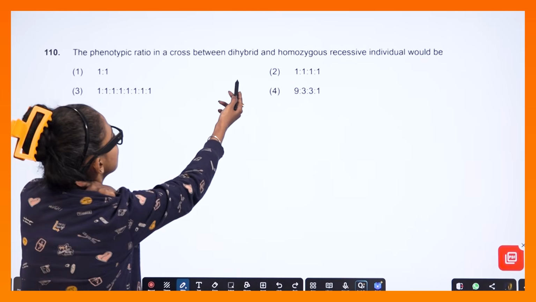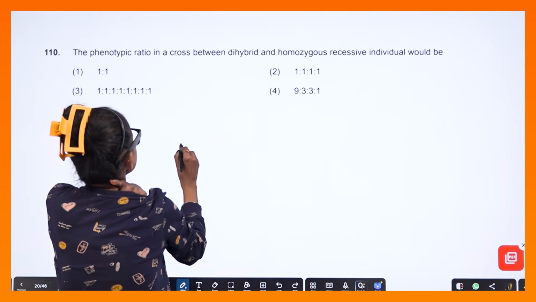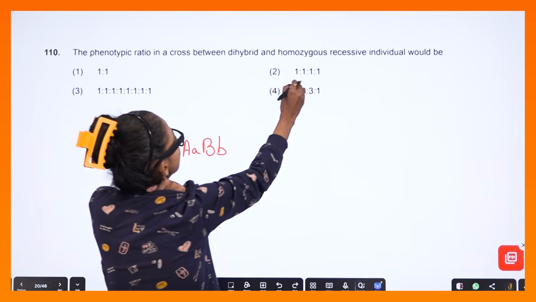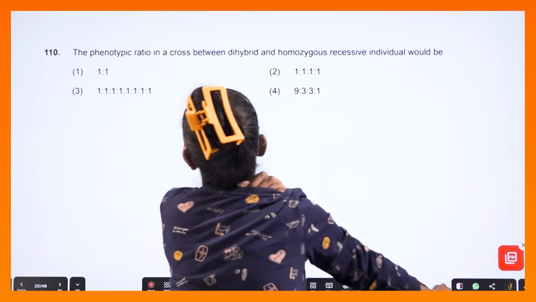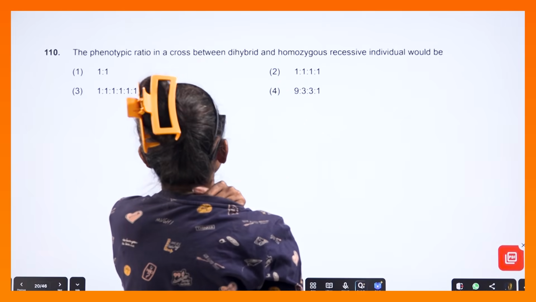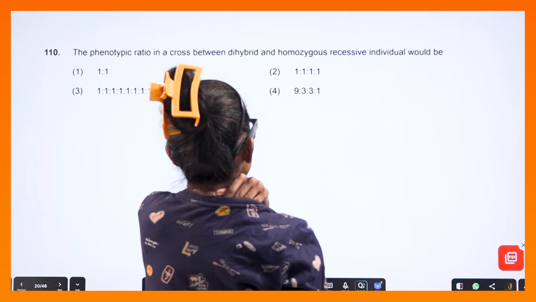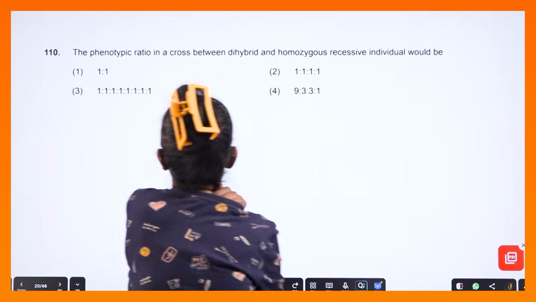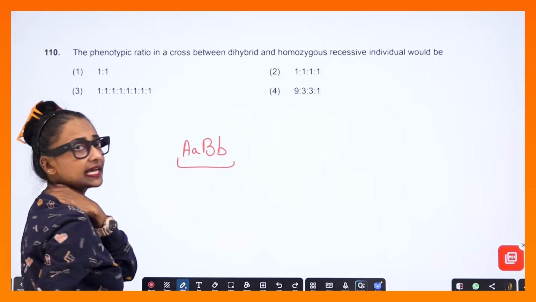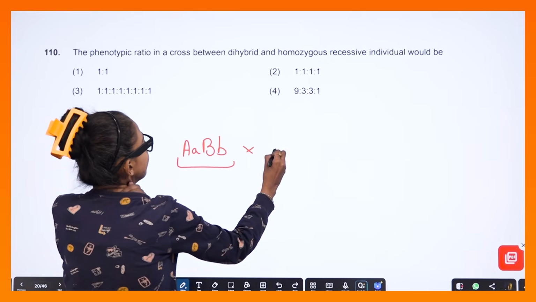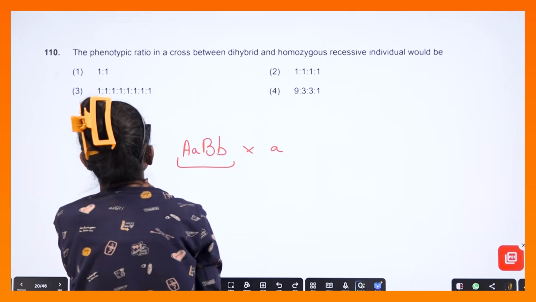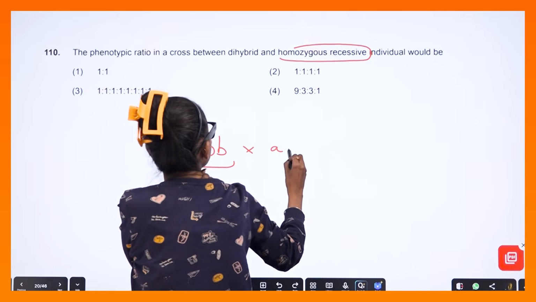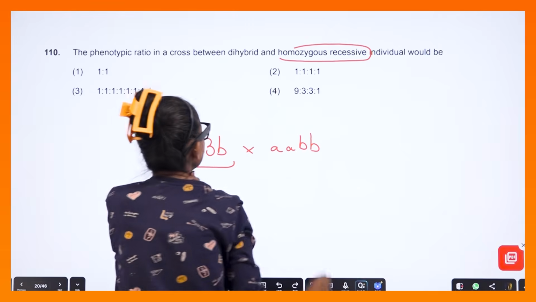Phenotypic ratio in a cross between a dihybrid and a homozygous recessive individual. Suppose I take a dihybrid, heterozygous, capital A, small a, capital B, small b, and I cross it with a homozygous recessive individual, small a, small a, small b, small b.